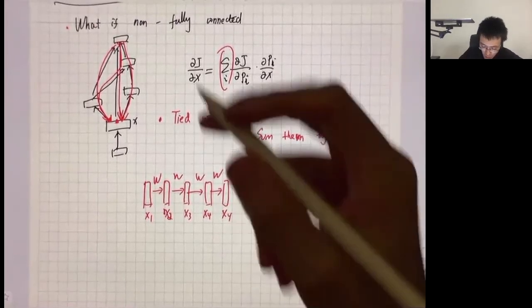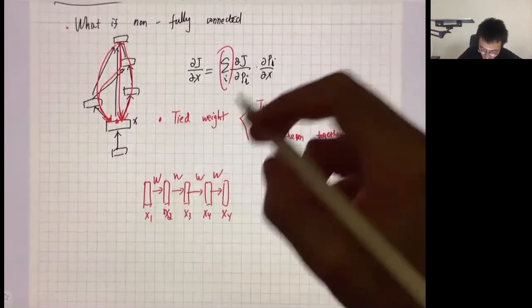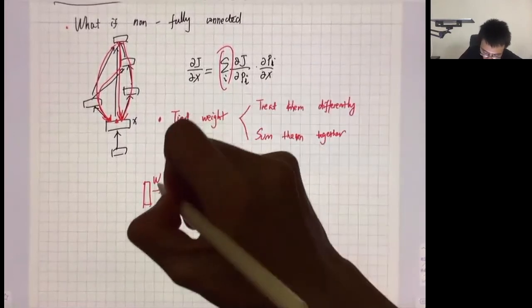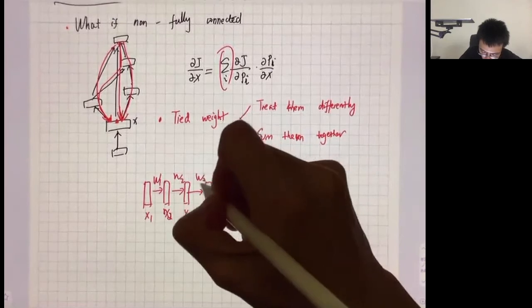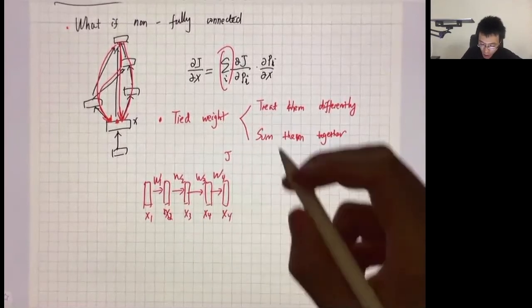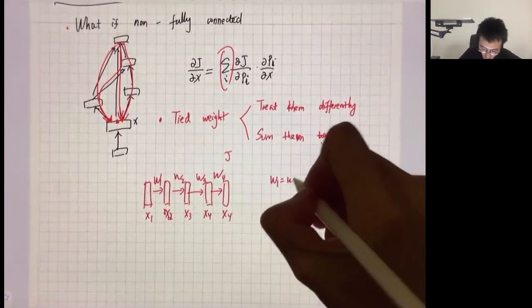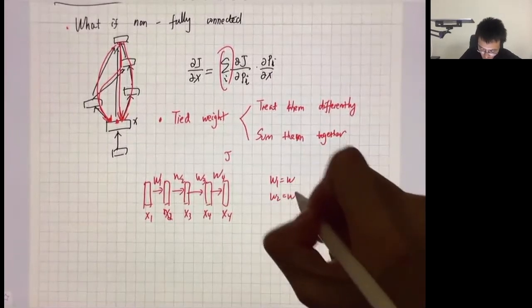Okay, so this is saying, let's assume my loss is a function of W1, W2, W3, W4, okay? And then I say W1 is actually W, W2 is actually also W, so on and so forth.